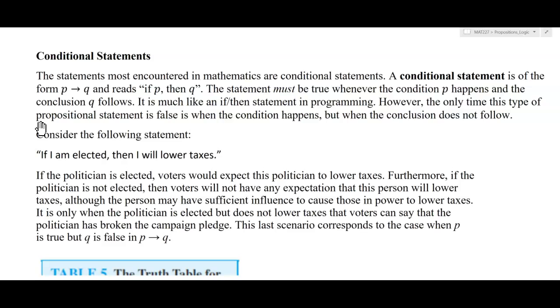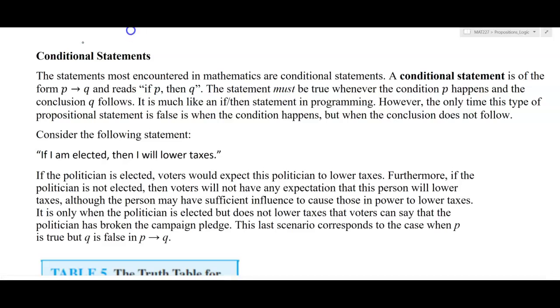The politician is telling us that if he or she is elected, voters would expect this politician to lower taxes, right? So suppose the person is elected, they lower taxes, they've told the truth. Furthermore, if the politician is not elected, then voters will not have any expectation that this person will lower taxes, although the person may still have sufficient influence to cause those in power to lower taxes.